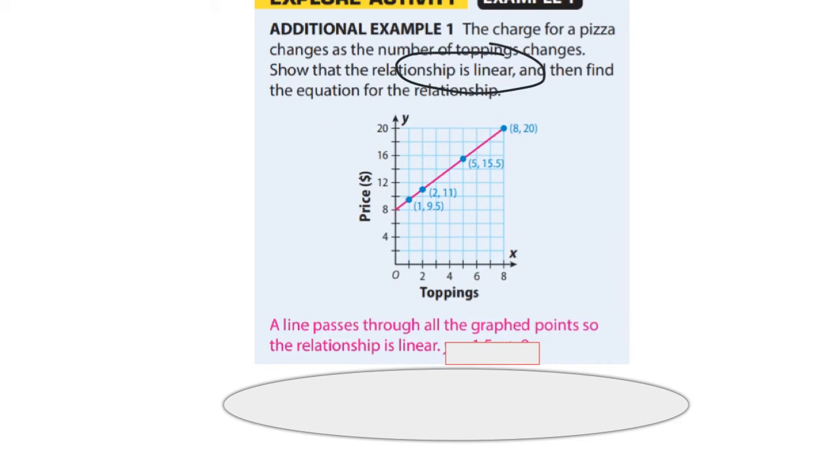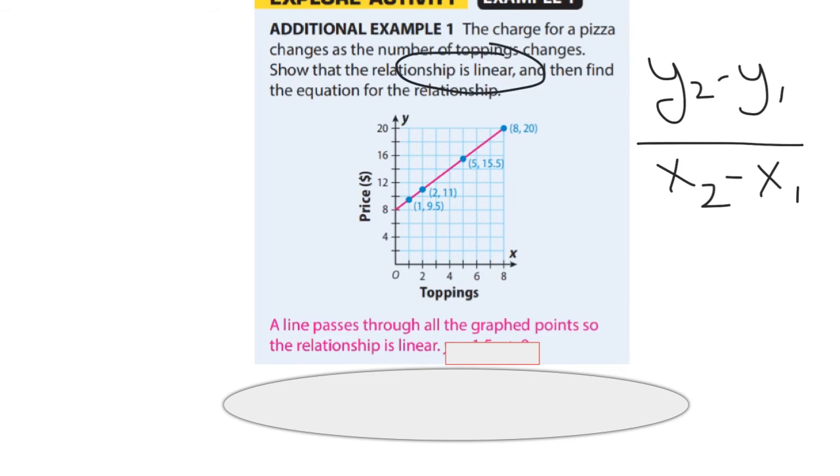All right, the next thing I asked us to do, if it was linear, was find the equation for the relationship. So again, we can pick 2 points, and you can use y2 minus y1 divided by x2 minus x1. I'm going to use (2, 11) and (8, 20), because if I use those, I can work it out so I don't have to deal with that decimal.